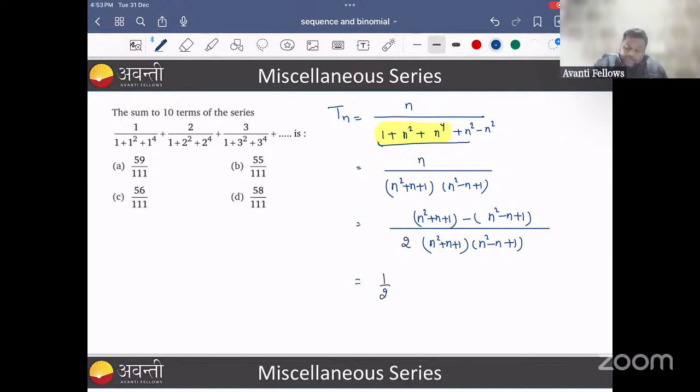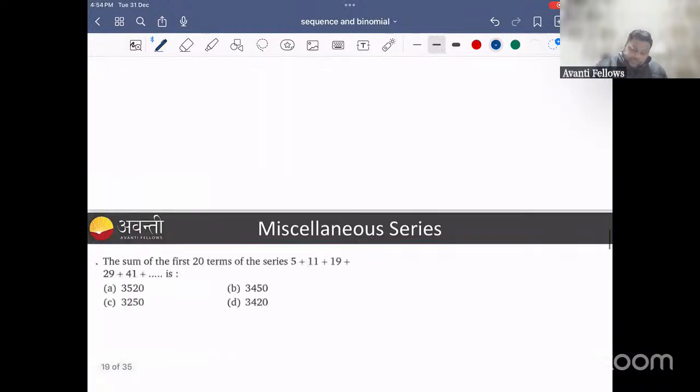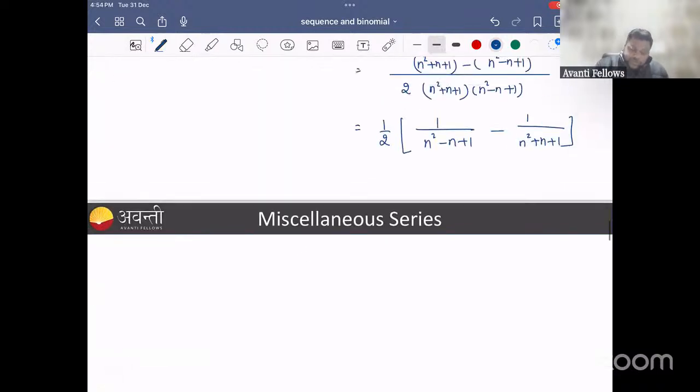So it is 1 by 2 times 1 upon n square minus n plus 1 minus 1 upon n square plus n plus 1. Understood? Very easy question. Now do what we used to do. T1 is what? Half of 1 minus 1 by 3.